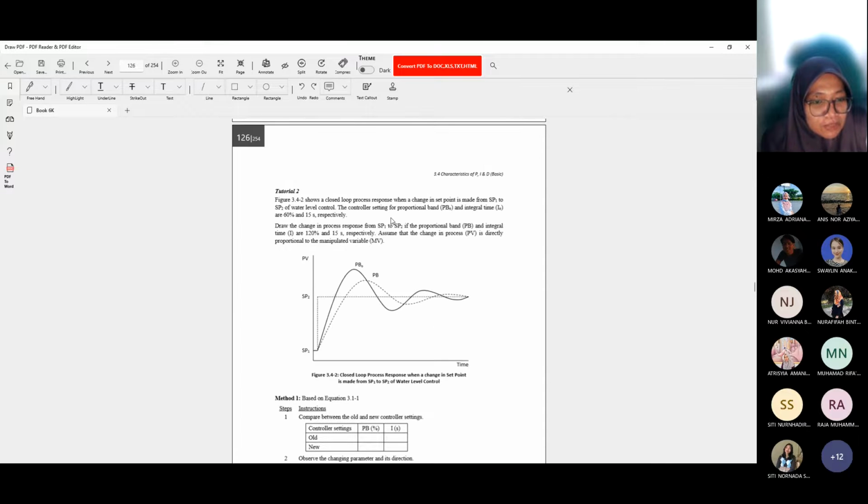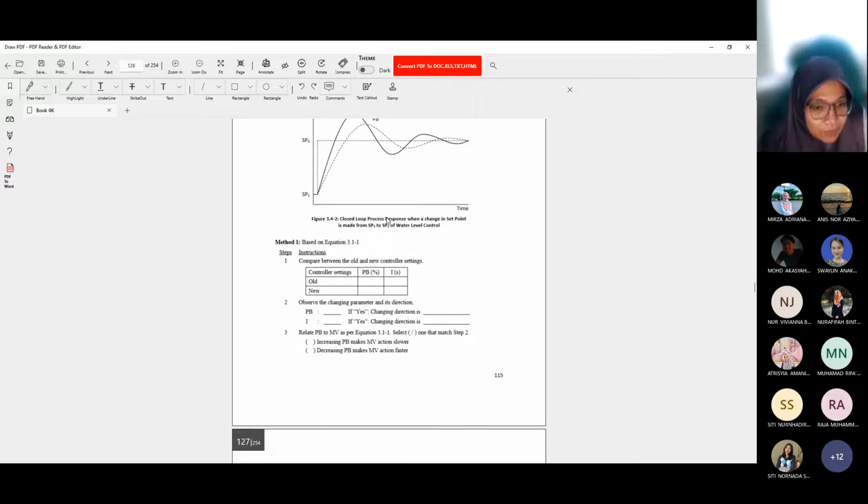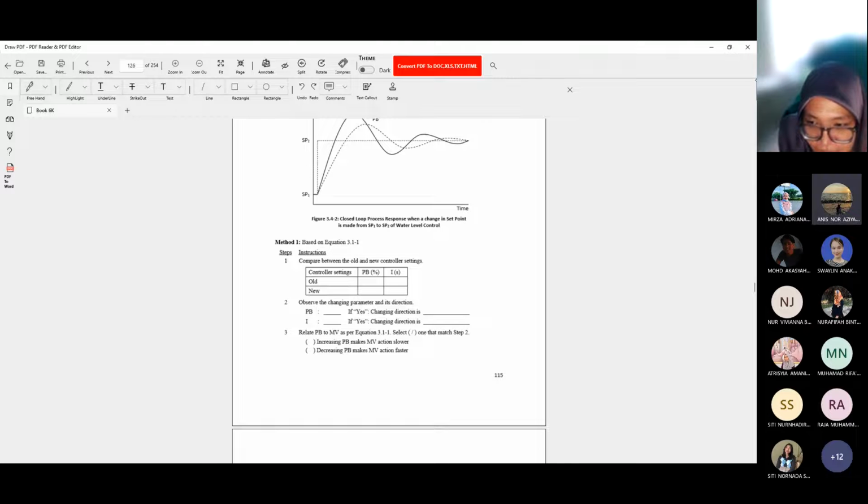Okay, for tutorial number 2 pula, sama, PB also increases. I tak tulis dekat sini tapi in your book mesti dah ada kan? Tutorial number 2 kita dah buat kan?